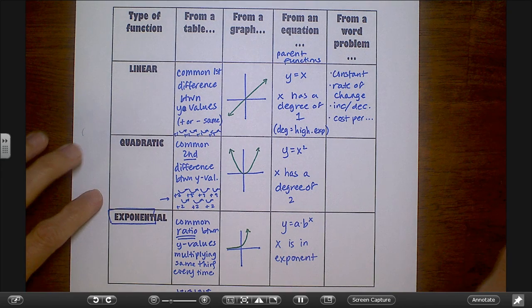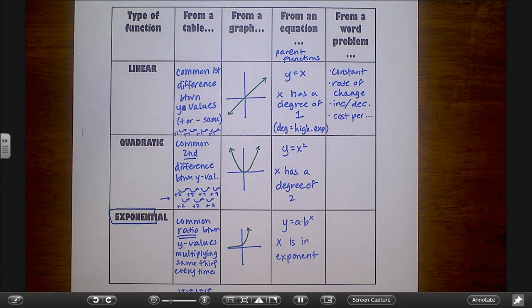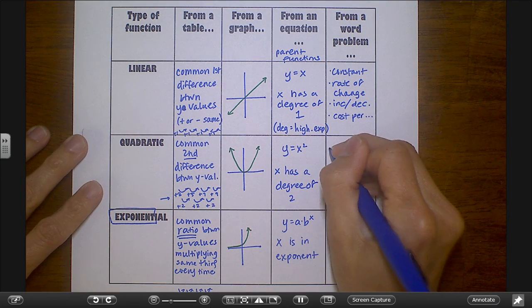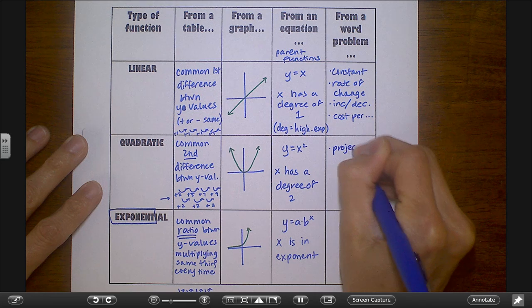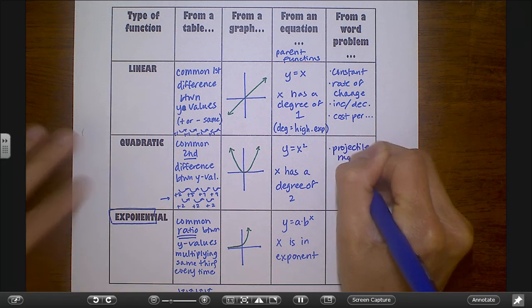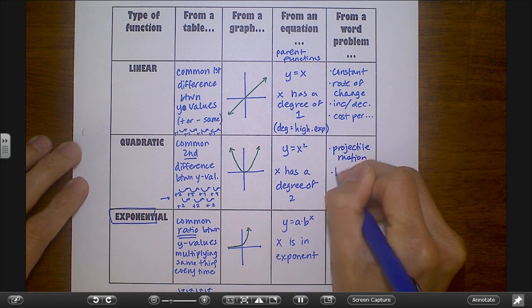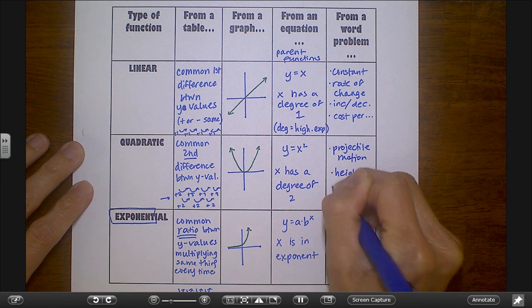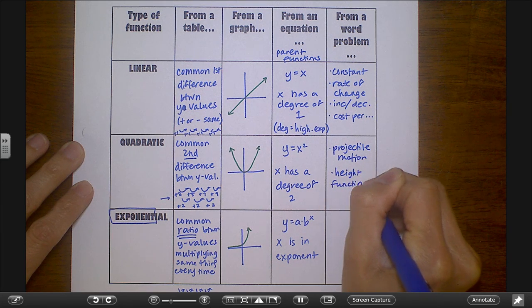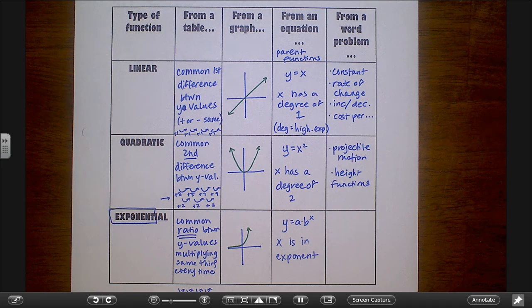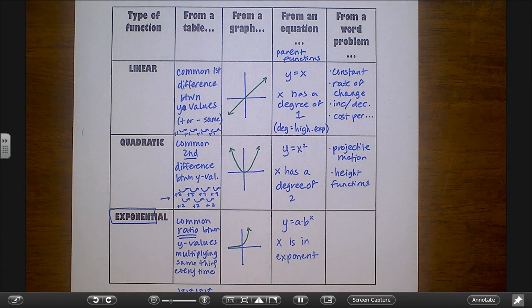Quadratic functions in word problems, we got to these right before we left, so I don't even know if you remember them or not. But these are the projectile motion ones or the height functions. So where it's like the negative 16 x squared plus the initial velocity times x plus the initial height.